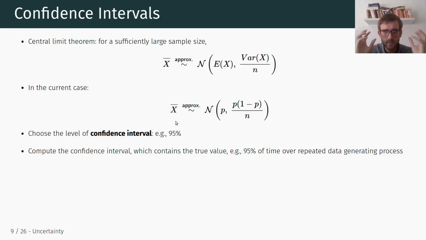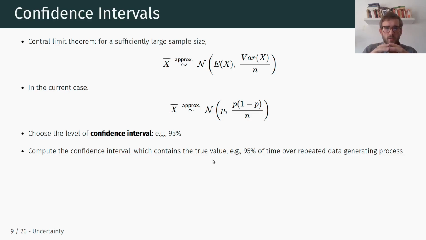It's a little bit tricky to wrap your head around the underlying logic, because this does not imply that we have a 95% chance that the true value is within our specific interval. We're still thinking about this in terms of repeated sampling, right? I'll show you a visualization in a second to show what exactly that means.